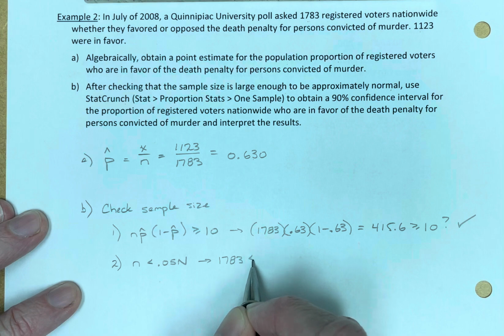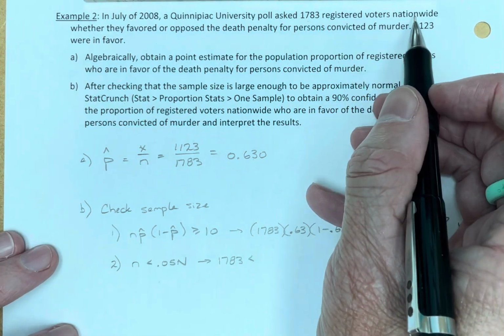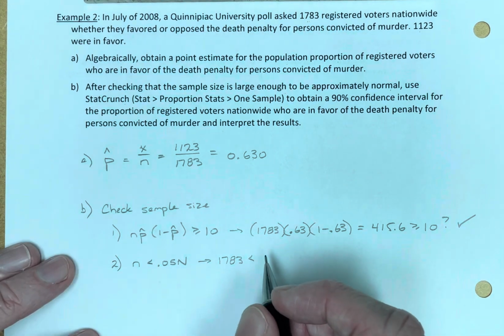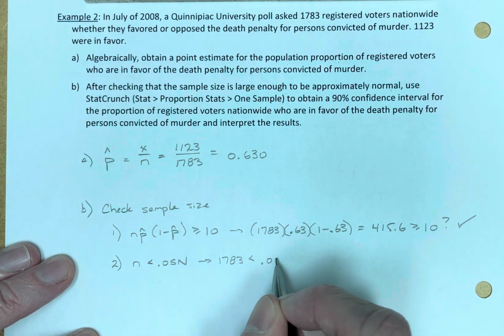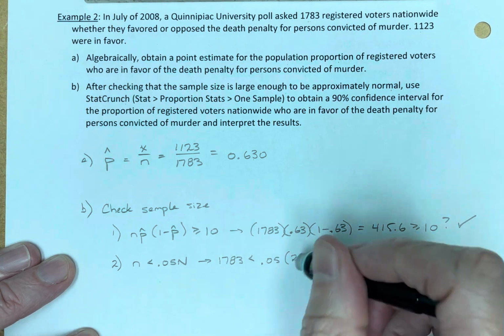I don't have any idea how many registered voters we have in this country. There are about 330 million people. Let's say 200 million. Okay, so I guess 200 million is a low ball. So is that less than 5% of 200 million?